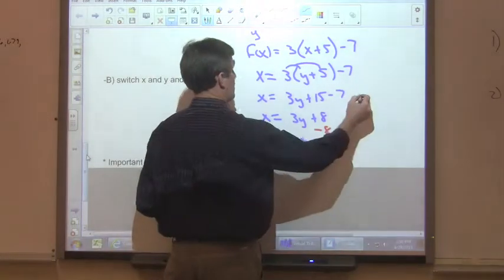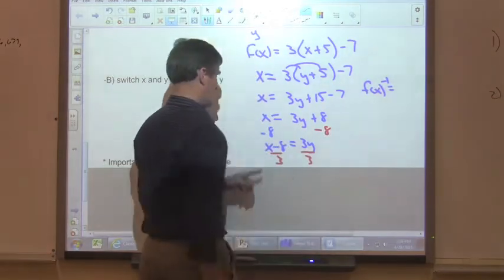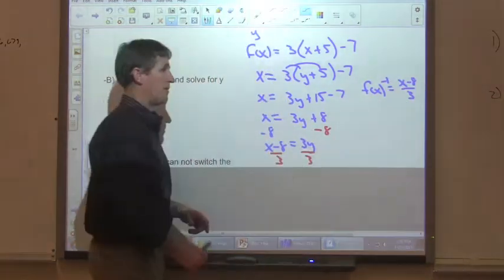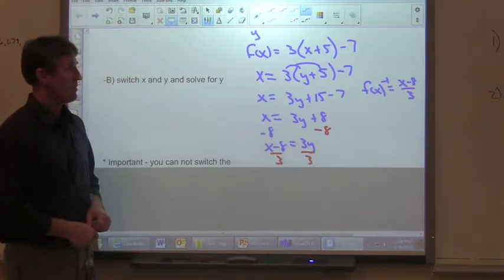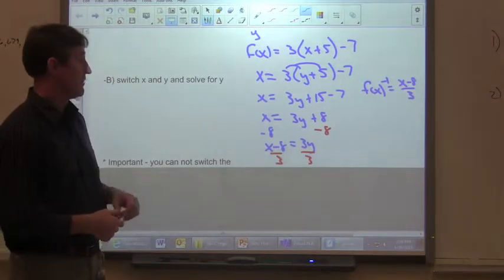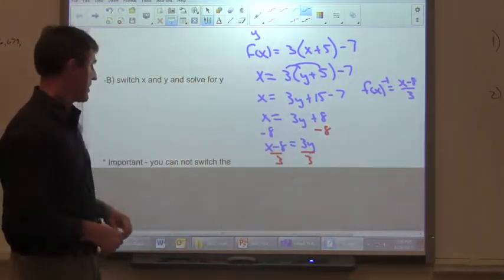And so my inverse function is x minus 8 divided by 3. And we have the inverse that way. So it's really easy if you just switch the x and y values and solve for y.